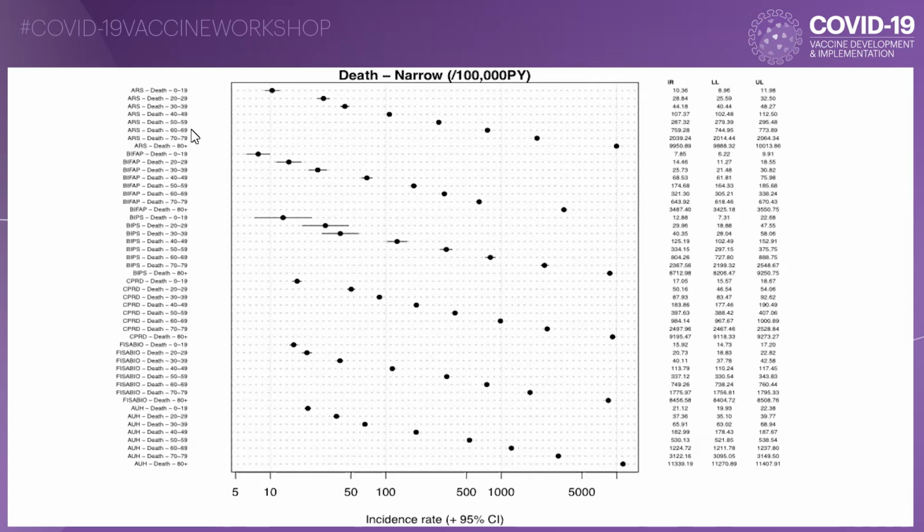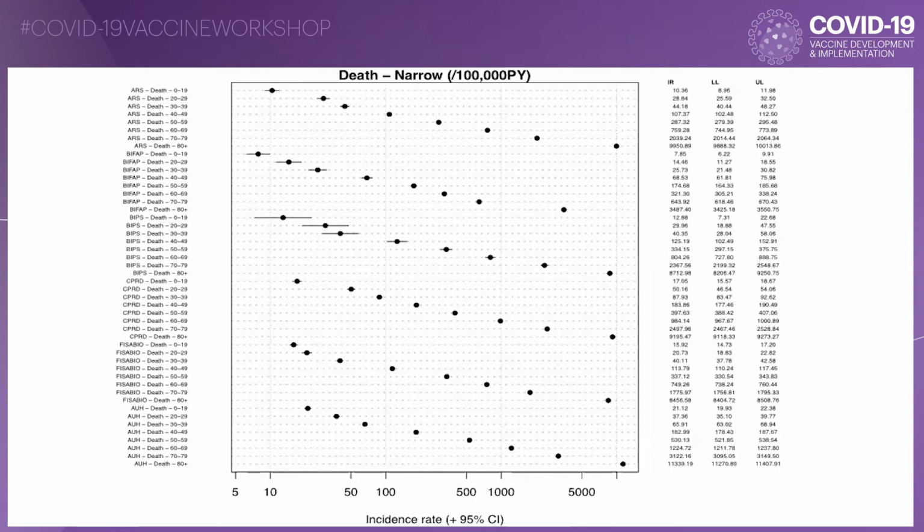And you see very nicely in this graphic that the incidence of death really increases with increasing age, as we expected. And this is a similar pattern across all of the countries, of course. But here we have the exact number. So how often, what is the exact mortality rate in that specific age category?